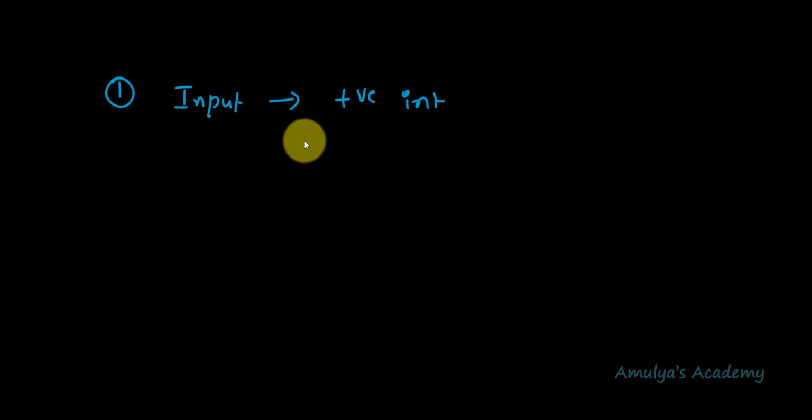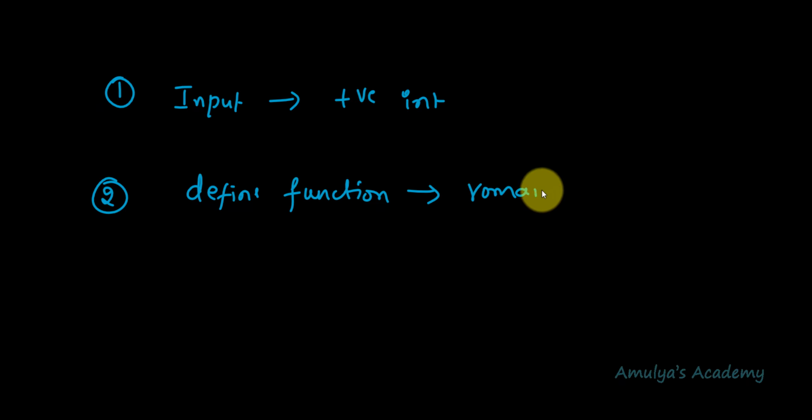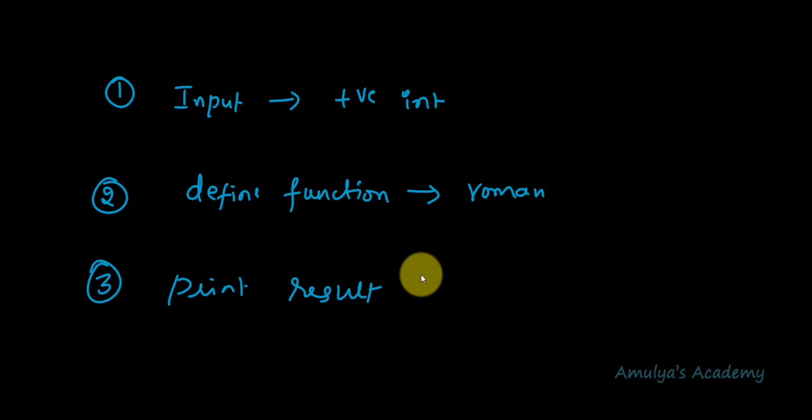If we enter a number greater than 3999, then it will just print a message saying please enter the number in the given range. But if you want the Roman number representation of higher numbers, you can modify the program. And secondly, after taking the input, I'll define a function to find the Roman number representation. Lastly, we'll print that. Okay, so these are the steps we need to follow while writing the program.